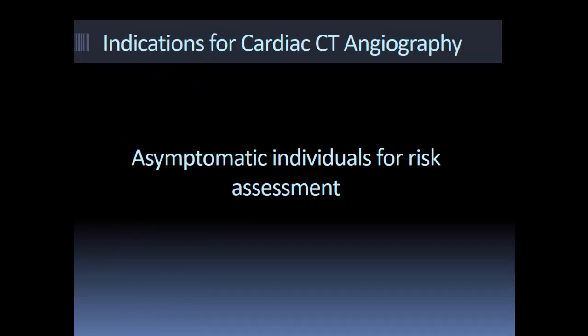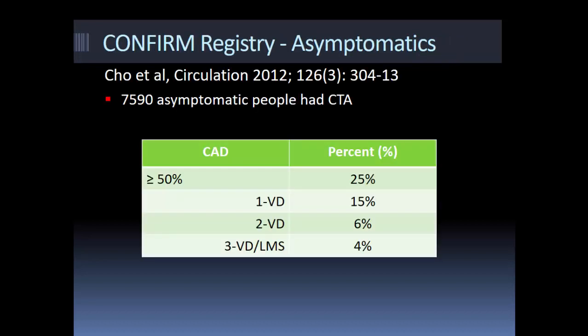So coronary CTA, is it indicated or not? And as Andrew pointed out, we don't have evidence whether performing CT angiography in patients who are asymptomatic would result in improved prognosis or not.